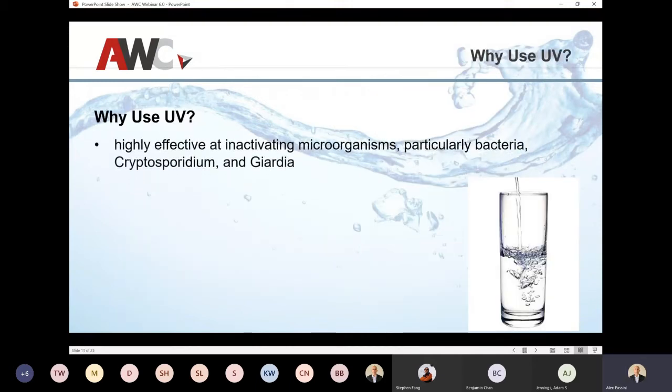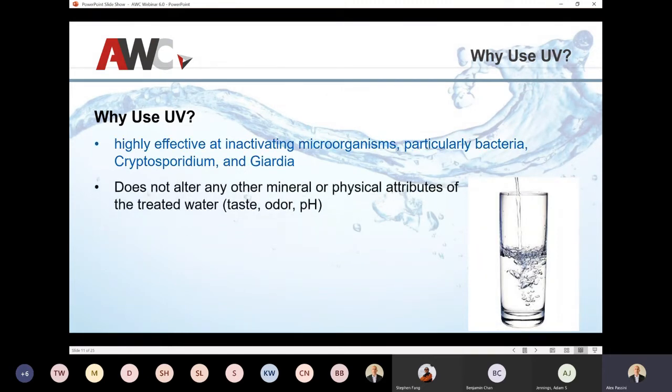So why are we using UV? We use UV because it's not only highly effective at inactivating microorganisms, but it actually does a better job than chlorine. When we use chlorine disinfection, the chlorine needs to have what's known as CT time, or contact time, in order to permeate through the bacteria or the cysts, because they have a very strong outer shell.